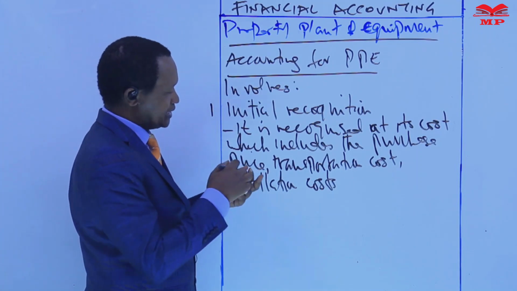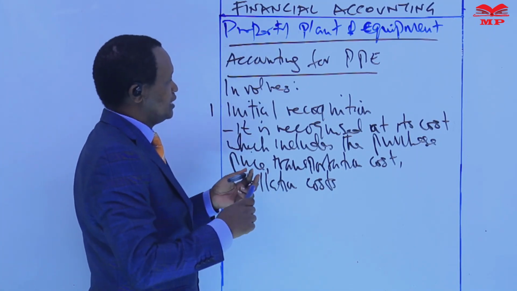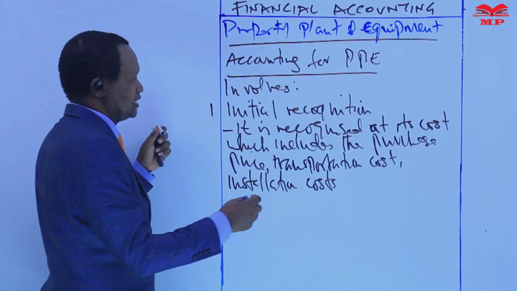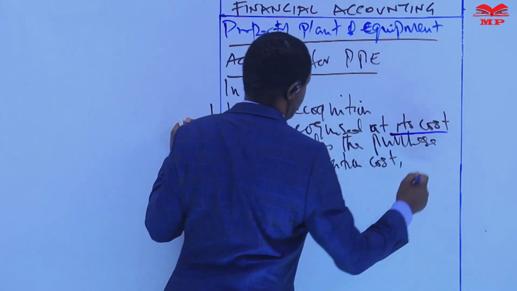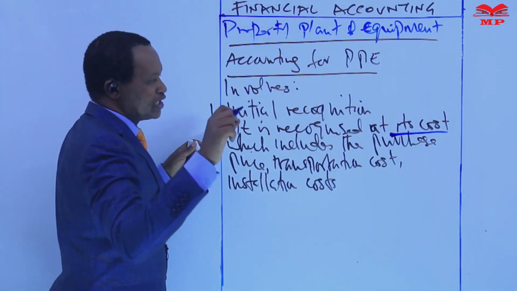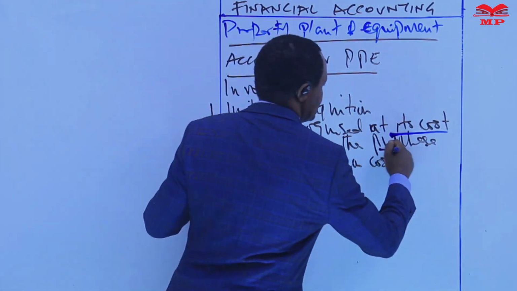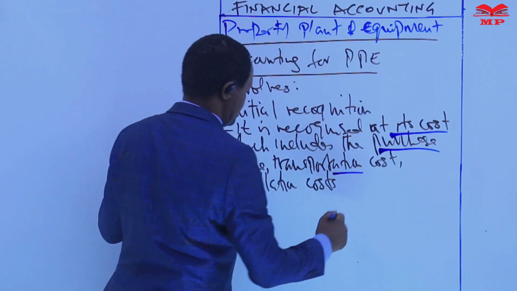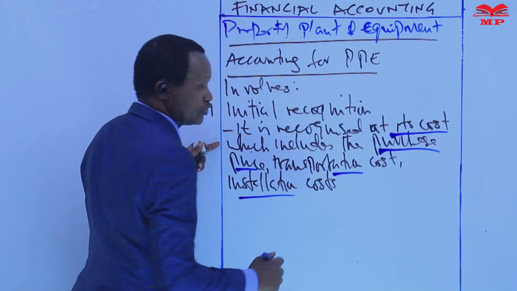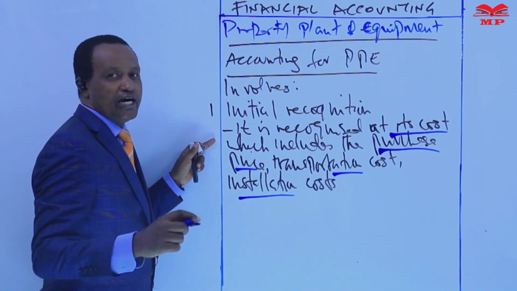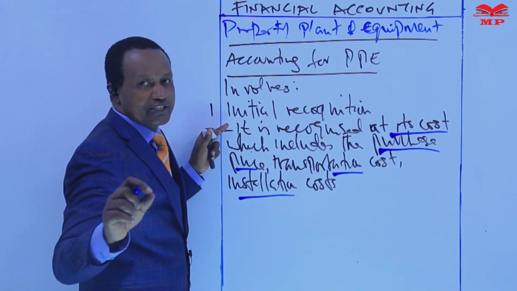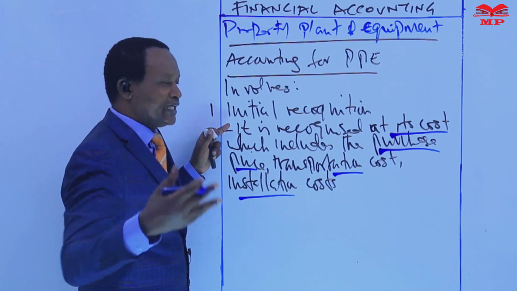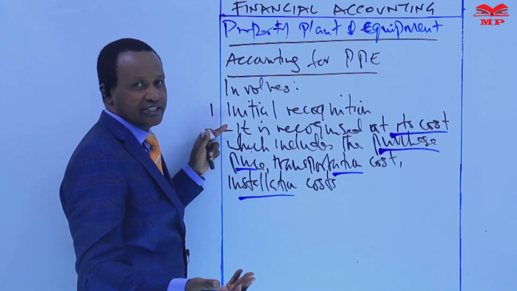So initially, PPE is recognized at cost, which includes the purchase price, transportation costs, installation costs, and any other costs necessary to get the asset ready for use.